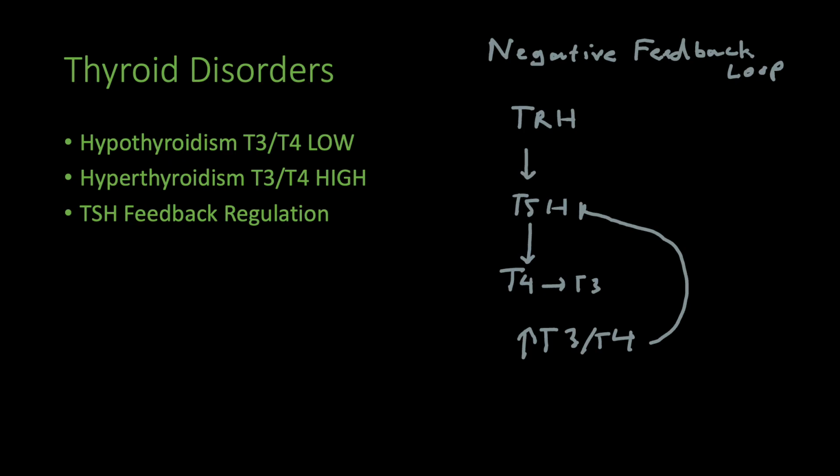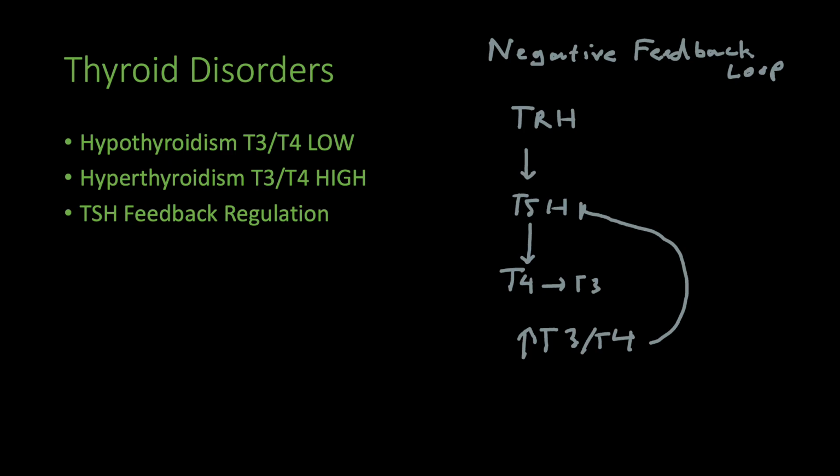The TSH has opposite levels. Hyper is when T3, T4 is high. Hypothyroidism, hypo, is when T3, T4 is low and TSH is high. So just note those differences, especially for exam purposes.